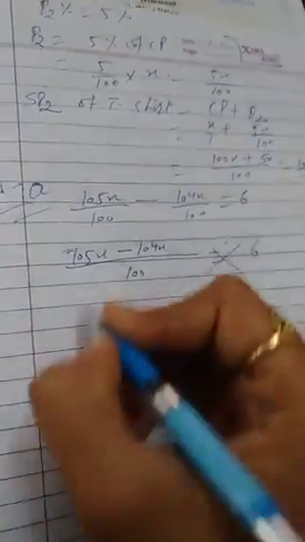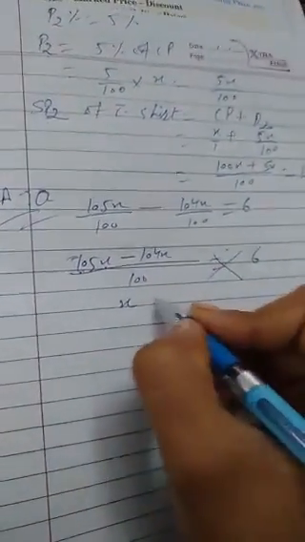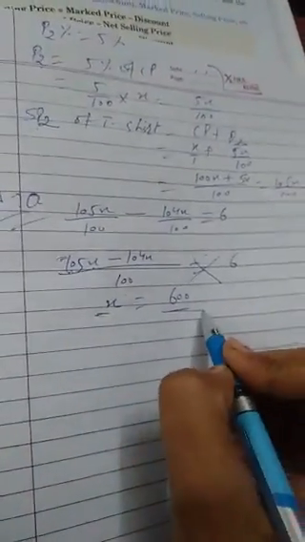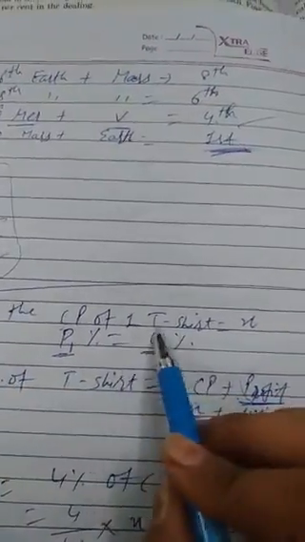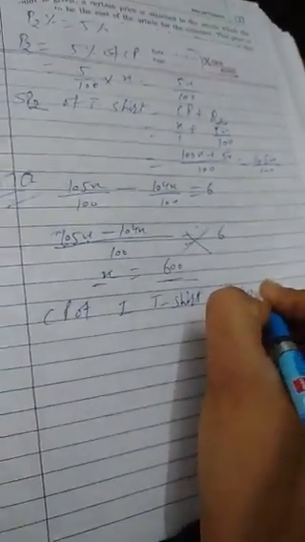Cross multiplication. 105X minus 104X only X. 6 into 100, 600. Value of X is 600. What is X? Cost price. Now we let the CP of one t-shirt is X. It means CP of one t-shirt is equal to rupees 600.